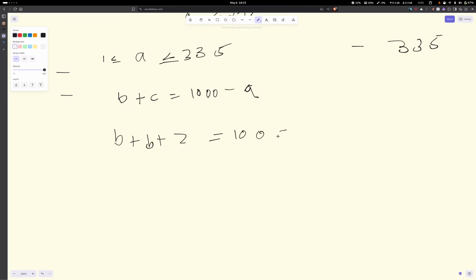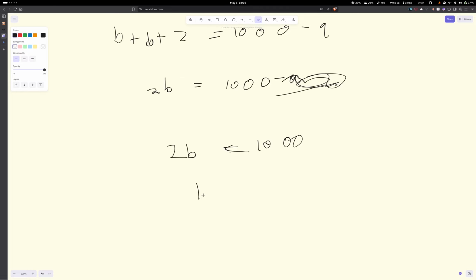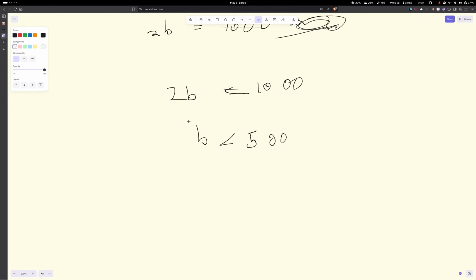So 2B equals 1,000 minus A, this is A, not a Q, minus Z. But for now, let's just heuristically drop A and Z. It has to be less than 1,000, and B has to be less than 500 if you divide by 2 on both sides, right?